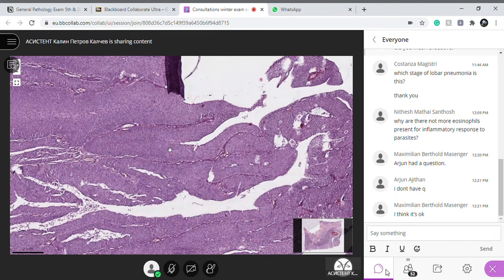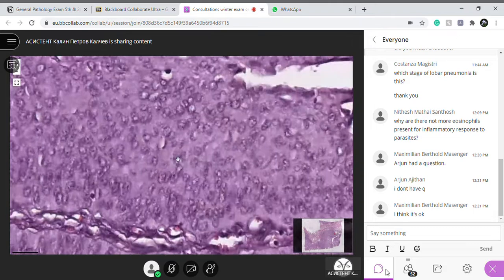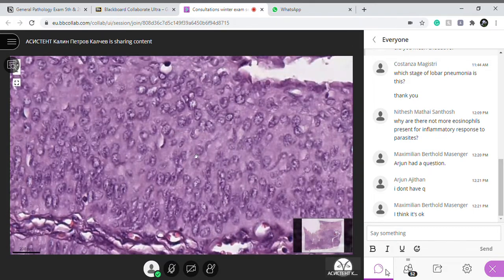And the structure here is very typical for these malignancies of that caliber. But to name something malignant, we have to see some cellular and nuclear atypia.